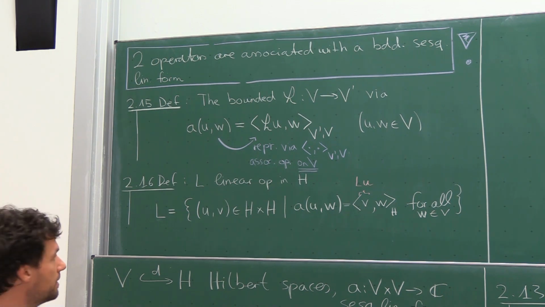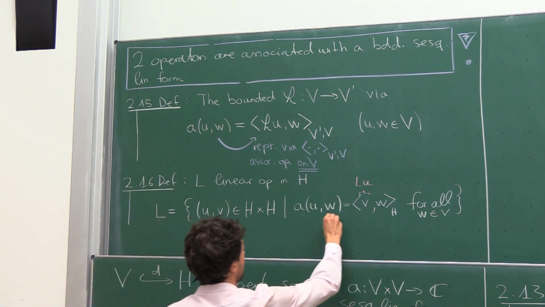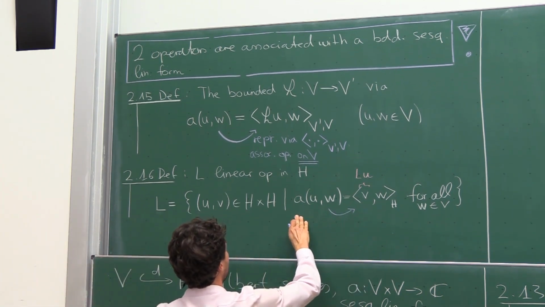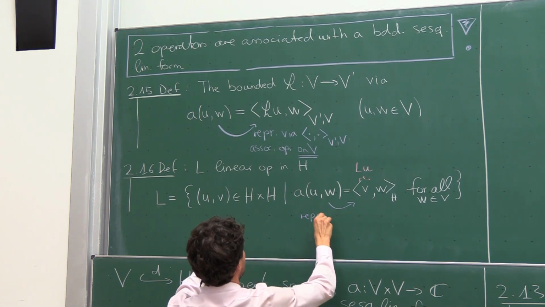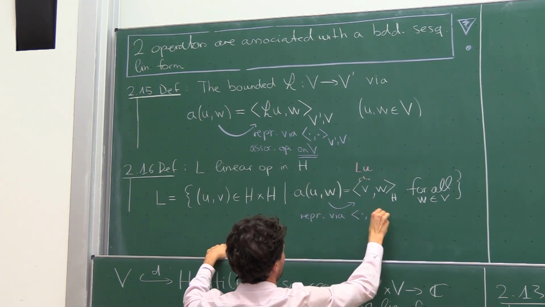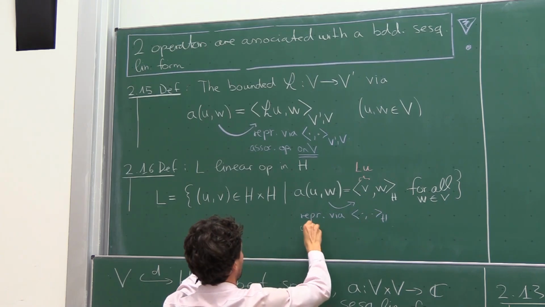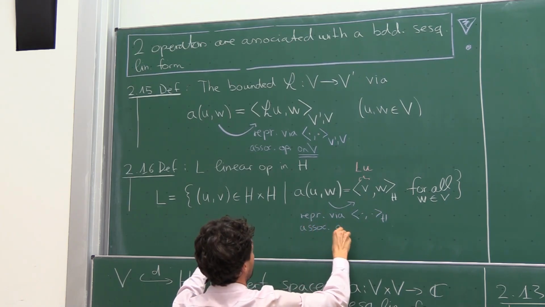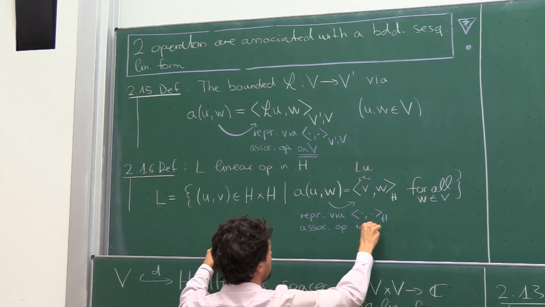Okay, and for all these reasons, here I want to say, in complete analogy, that this is the representation via the H inner product, and I'm going to call that the associated operator in H.